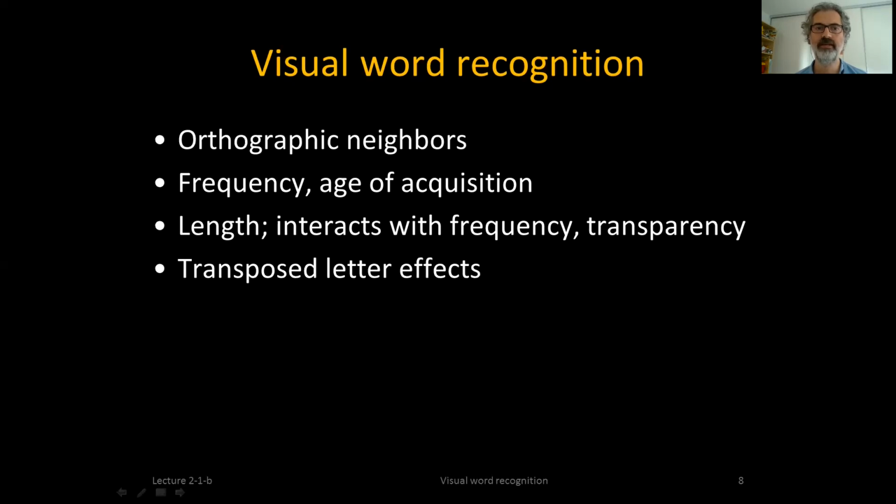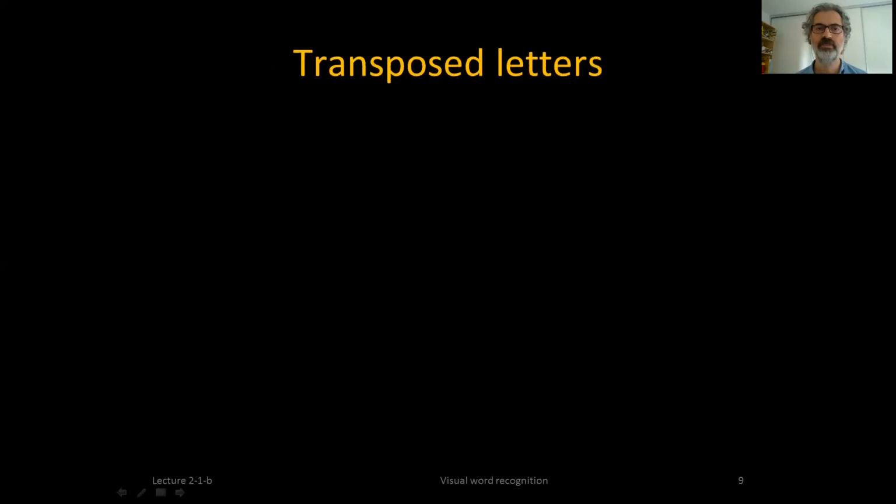Another important effect in visual word recognition is the so-called transposed letter effect. Transposed letter effects refer to the phenomenon whereby if you exchange the position of two adjacent letters within a word, it is very difficult to distinguish from the original word.